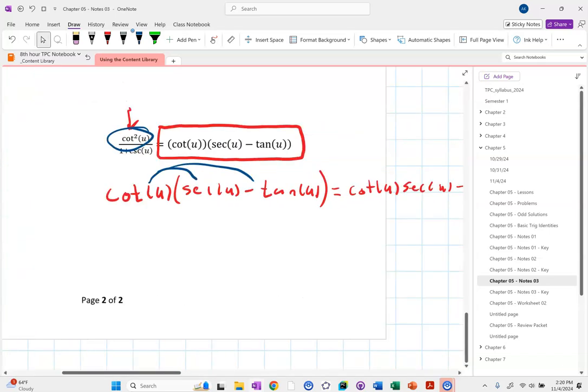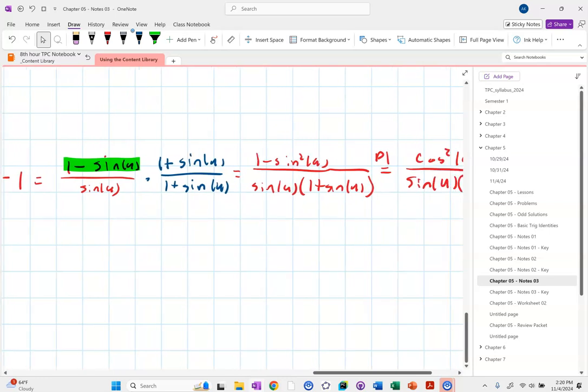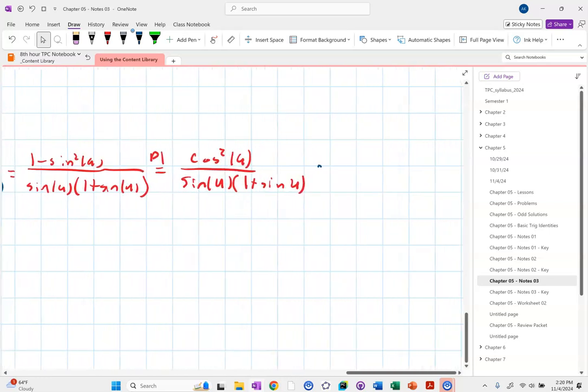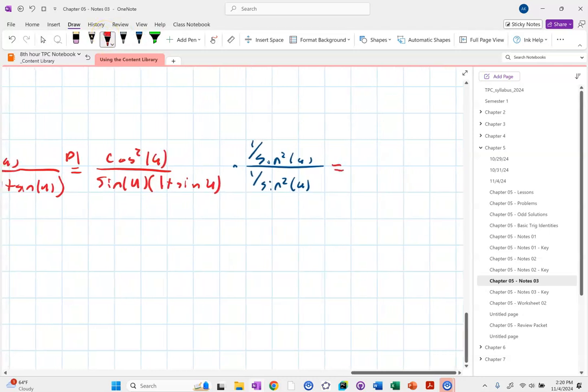If I look at cotangent squared, if I look at Q2, it's the same thing as cosine squared over sine squared. So I'm just going to force a 1 over sine squared in there. So the numerator then will be cosine squared over sine squared.